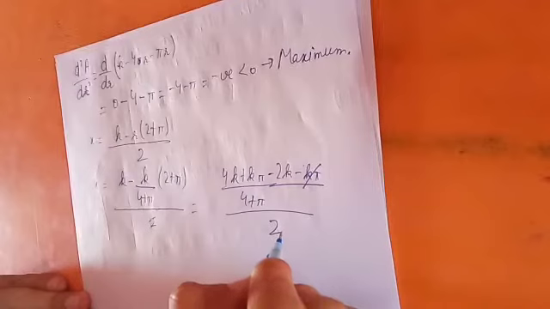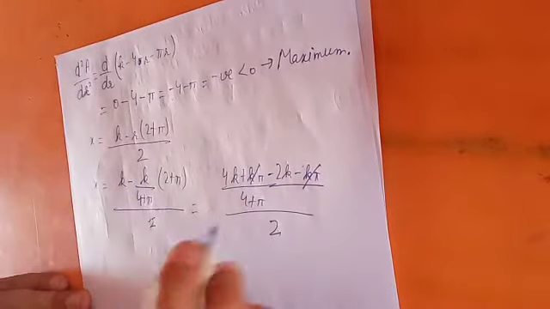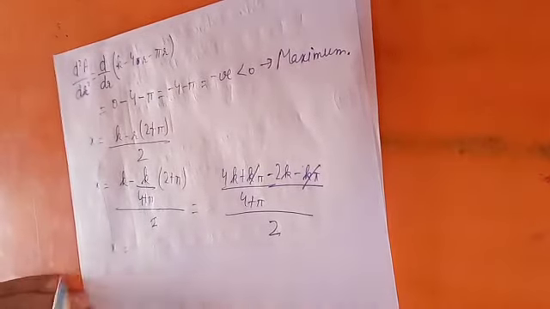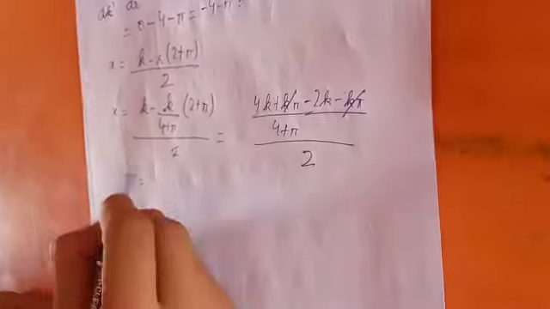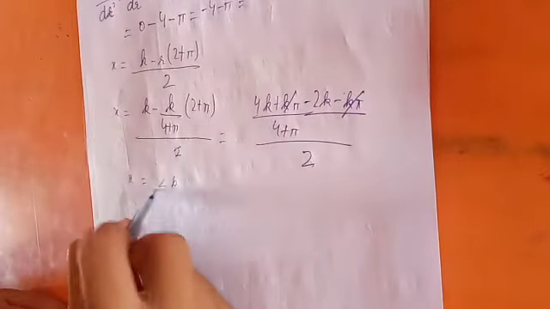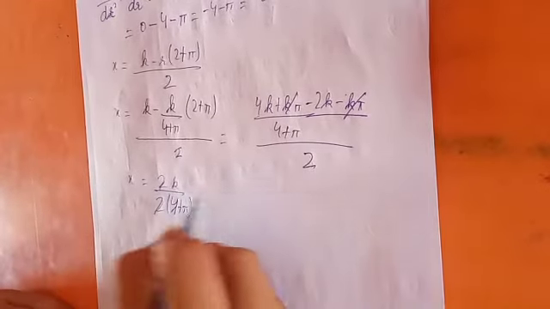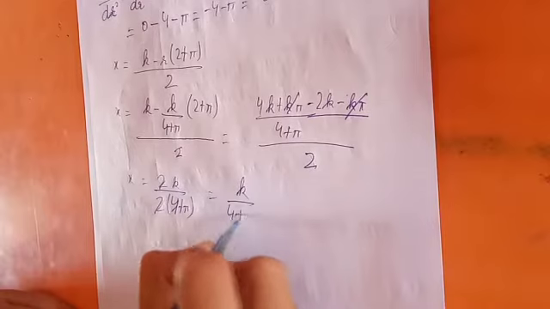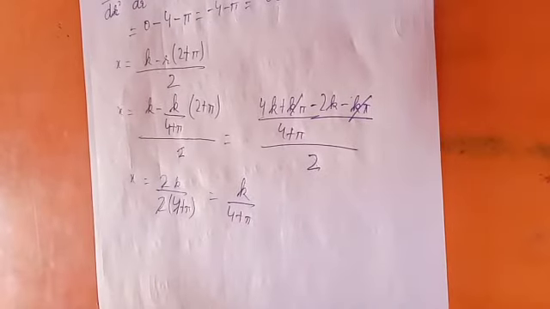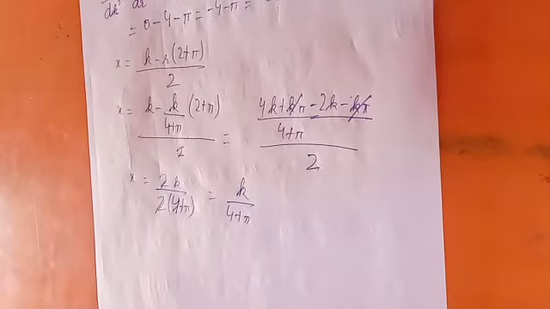This cancels this, so we get x equal to 2k by 2 into (4 plus pi). The 2 cancels 2, so we get k by (4 plus pi), meaning the values of x and r are the same.